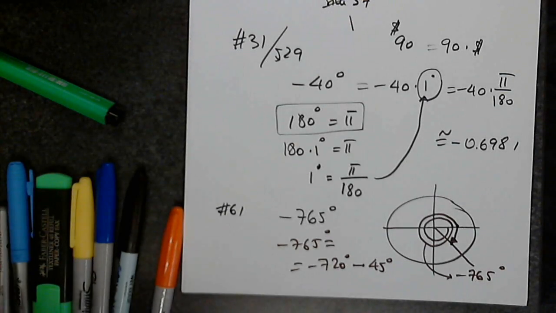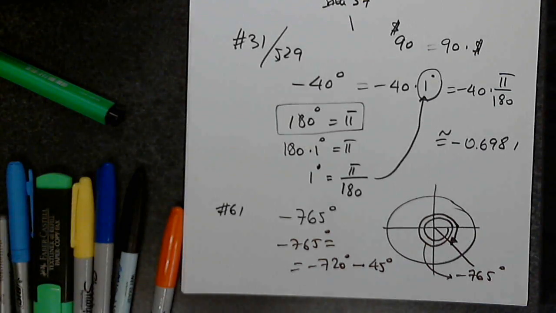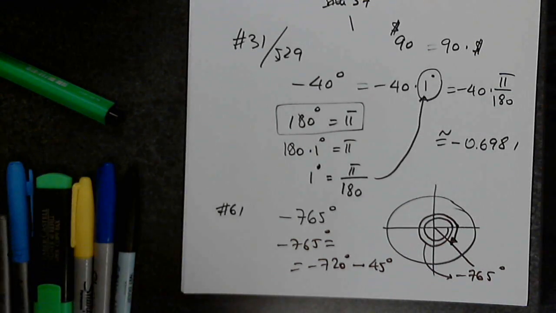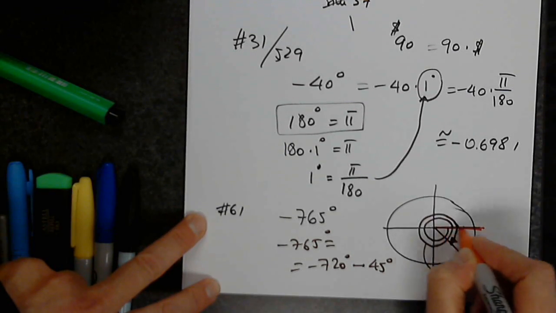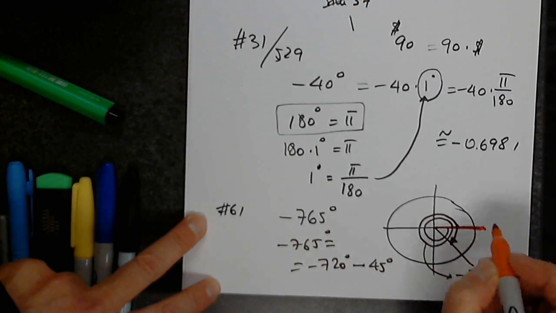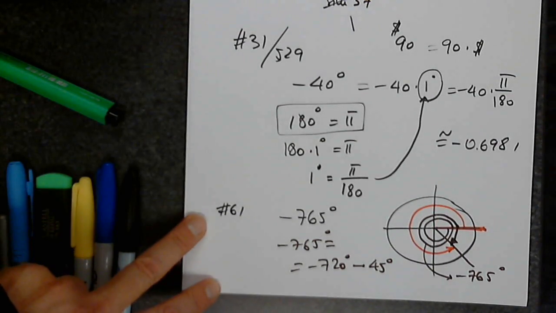Good. So now I'm asked to find a positive angle less than 360. In order to find a positive angle, I have to go counterclockwise, and the angle has to start at the same initial side and end at the same terminal side.